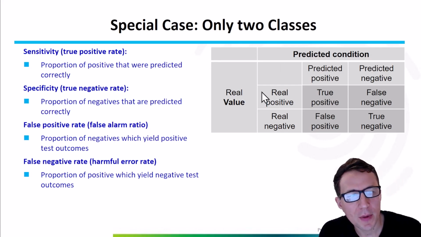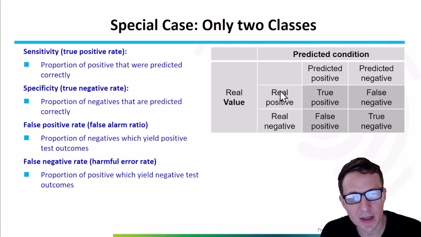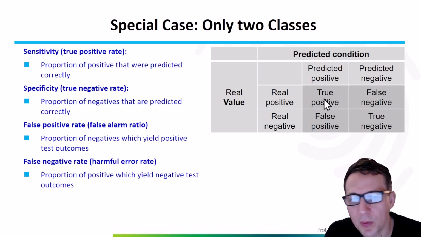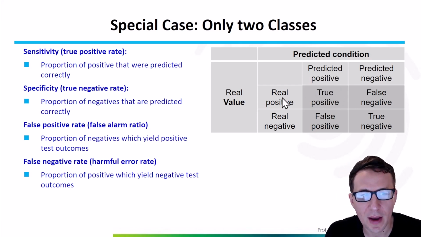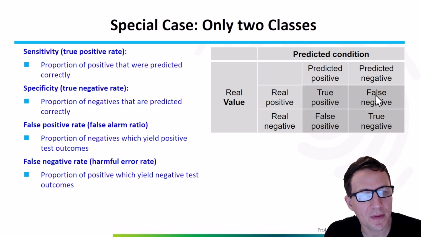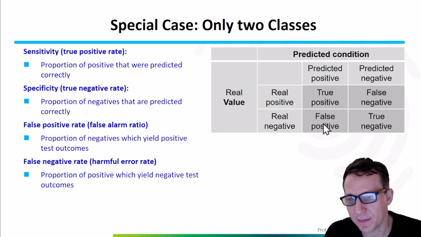So, and we again have a confusion matrix, but it's rather small. We only have two different real values on this axis and two different predicted values on this axis. And these cases we name true positives. There are positives and they are also predicted as positives. And these are the true negatives. And then we also have the false positive and the false negative.